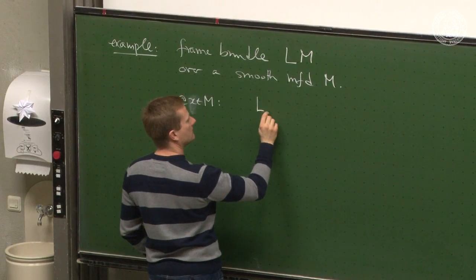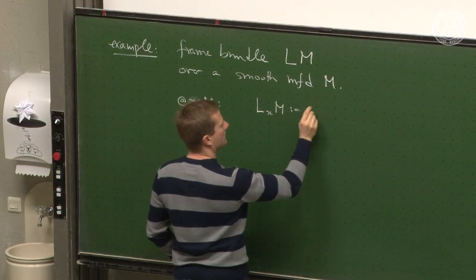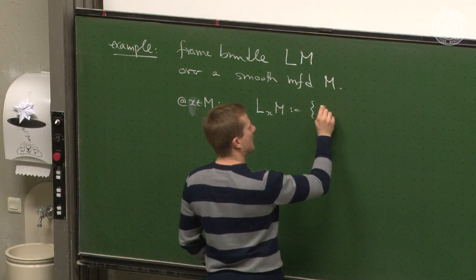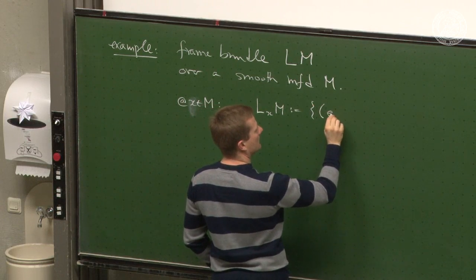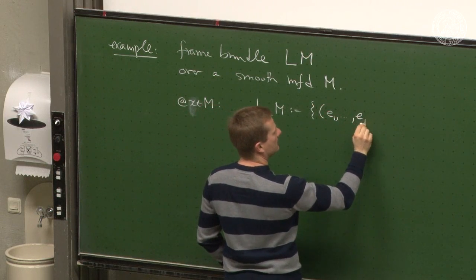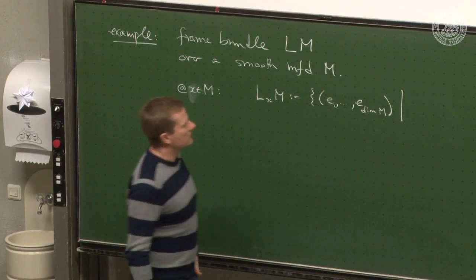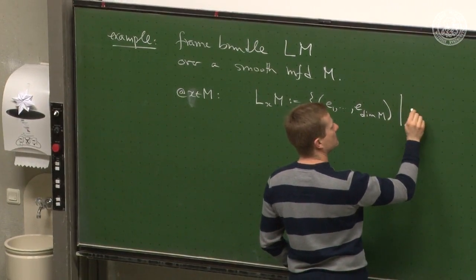We look at the L sub x of M, which are ordered dim M tuples E1 to E dim M, with the property that the E1 to E dim M constitute a basis for the tangent space.